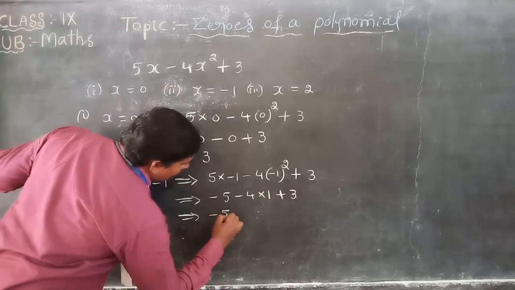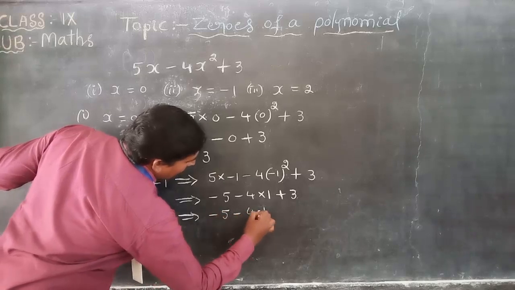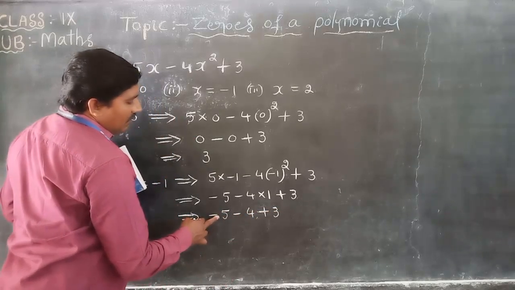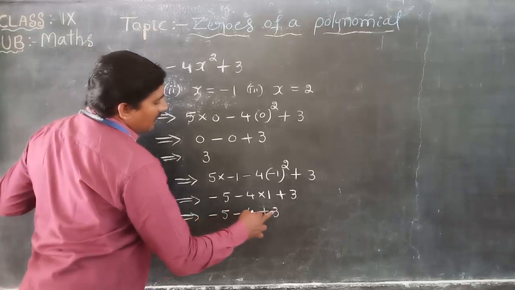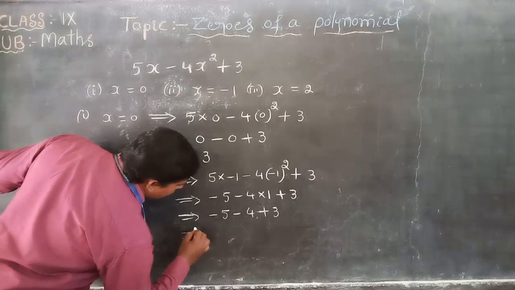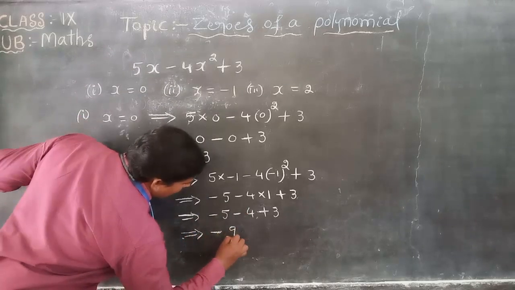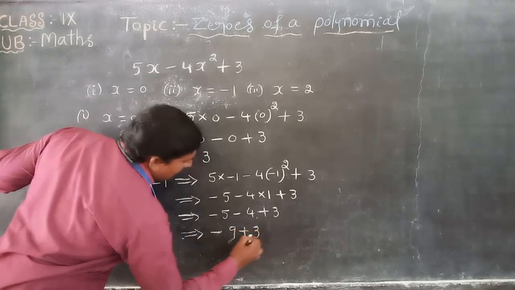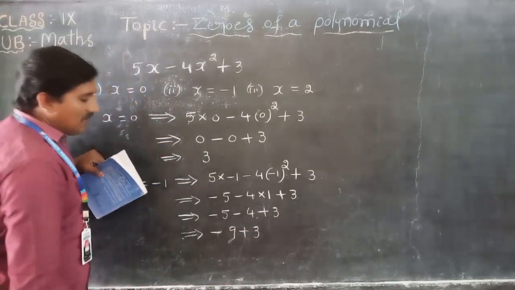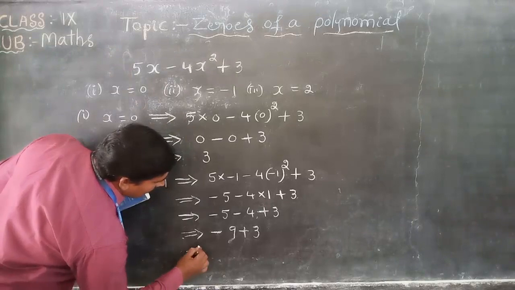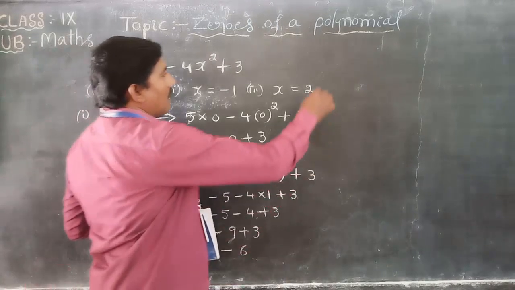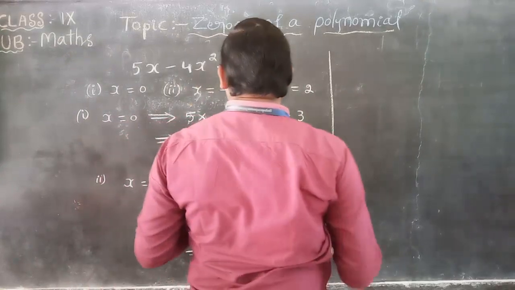Minus 5 minus 4 plus 3. Negative numbers can be added together: minus 9 plus 3. One is positive, one is negative, so subtraction should be done, and the symbol is that of the bigger number. So minus 6.